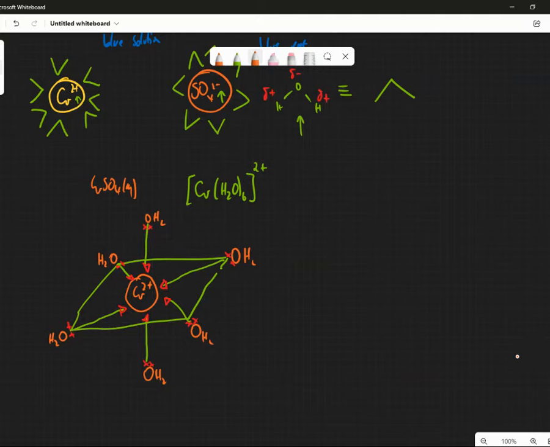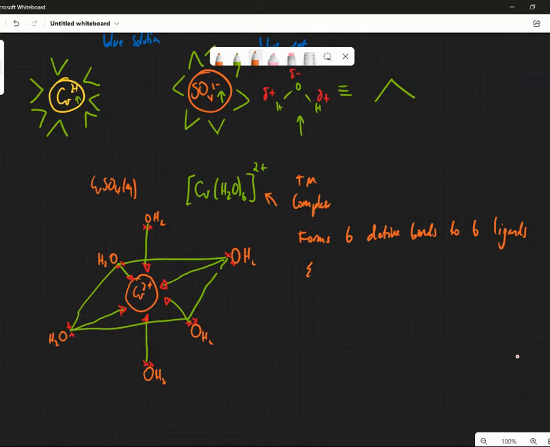So this thing is known as a complex. To give it the proper name, it's a transition metal complex. Okay. Now it is receiving 6 lone pairs. It forms 6 dative bonds to 6 ligands.